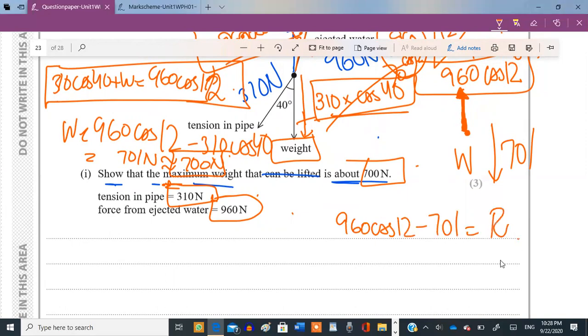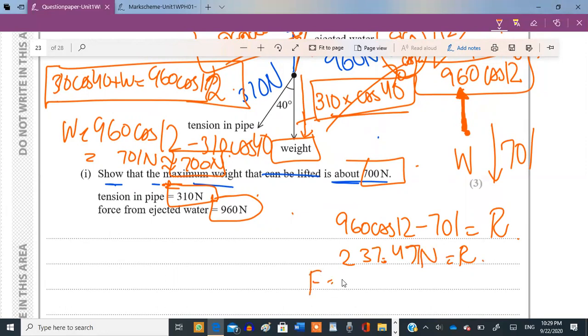This is going to be your resultant, which is 237.47 Newton.